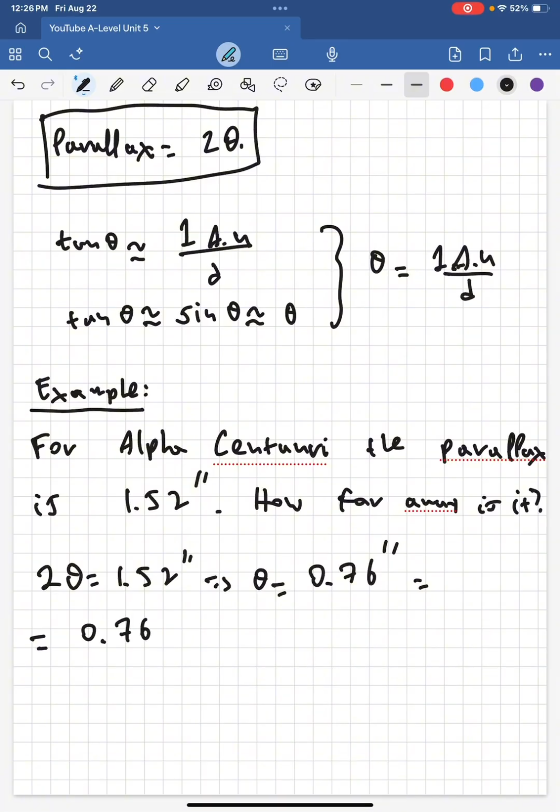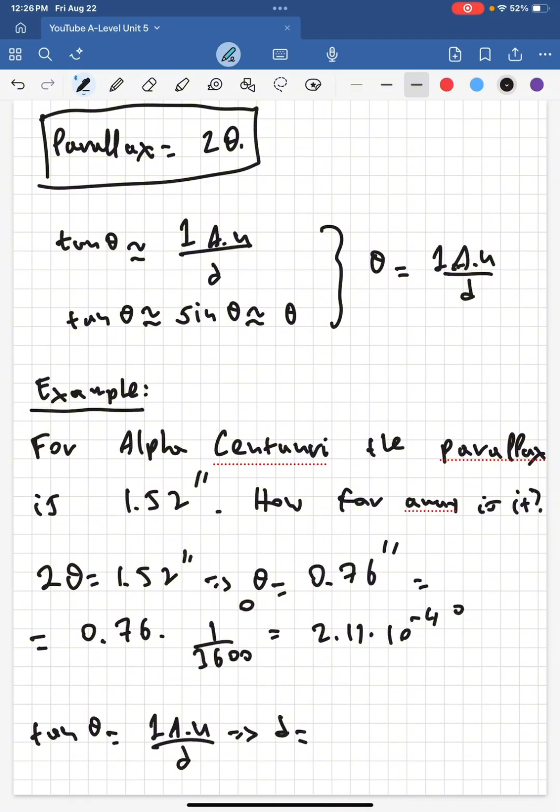equal to 0.76. 1 second is 1 over 3,600 of a degree. So that's simply 2.11 times 10 to the negative 4 degrees. And since tangent of theta is 1 astronomical unit over d, then d is 1 astronomical unit over the tangent of 2.11 times 10 to the negative 4.